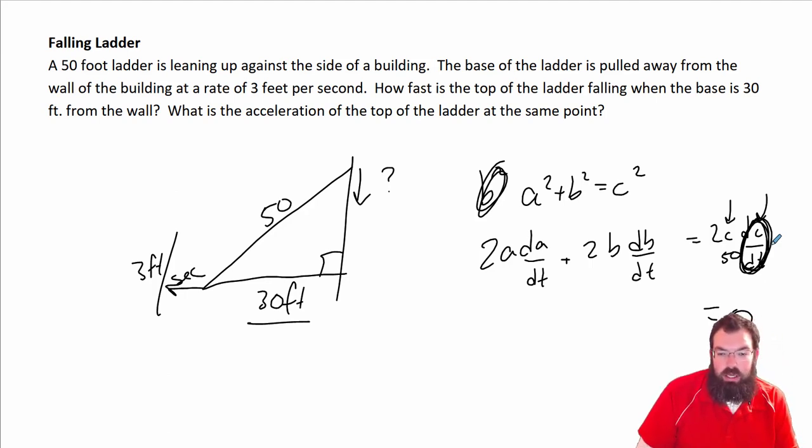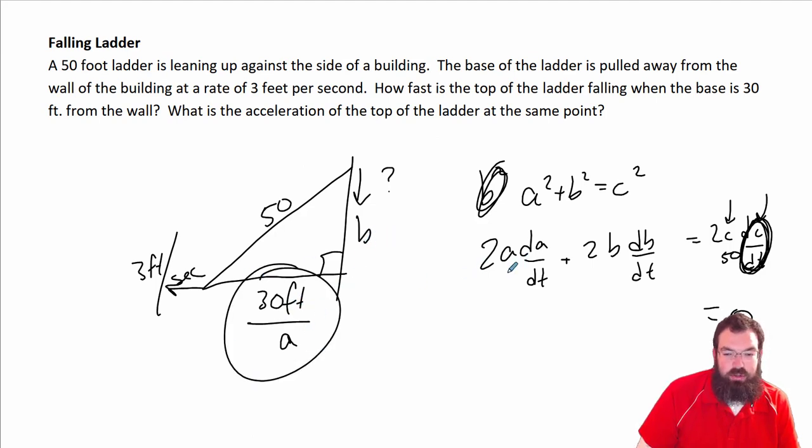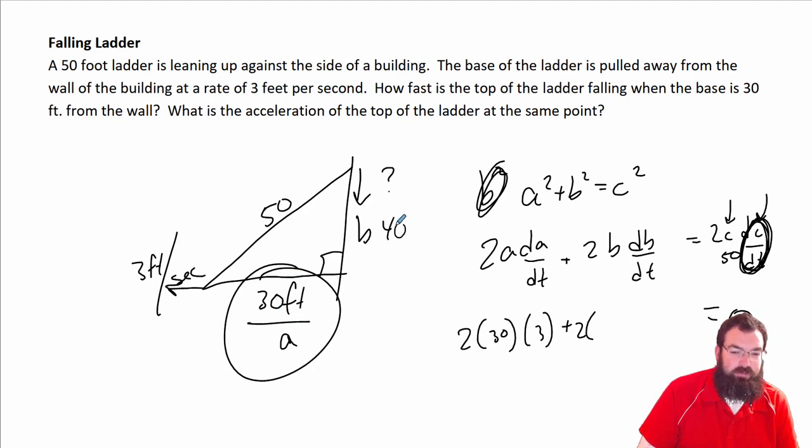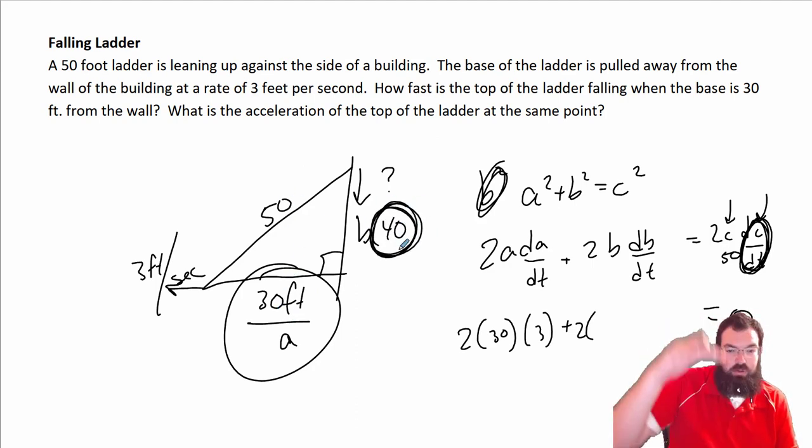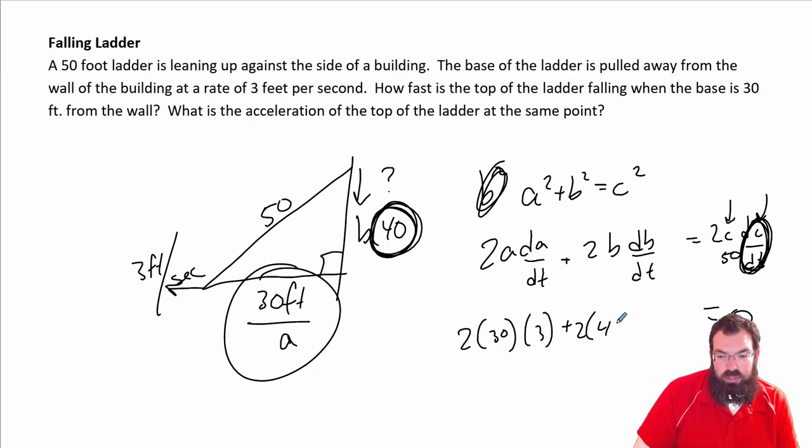Now let's plug in what I know. We'll say this is A here and this is B here. A is 30, so 2 times 30. It's pulling away at 3 feet per second. That's my dA/dt, so that's going to be 3. Plus 2 times, what's B? If I do the math for 30, 50, this is going to be a 40-foot height of the wall. So B is 40, and we do not know dB over dt.